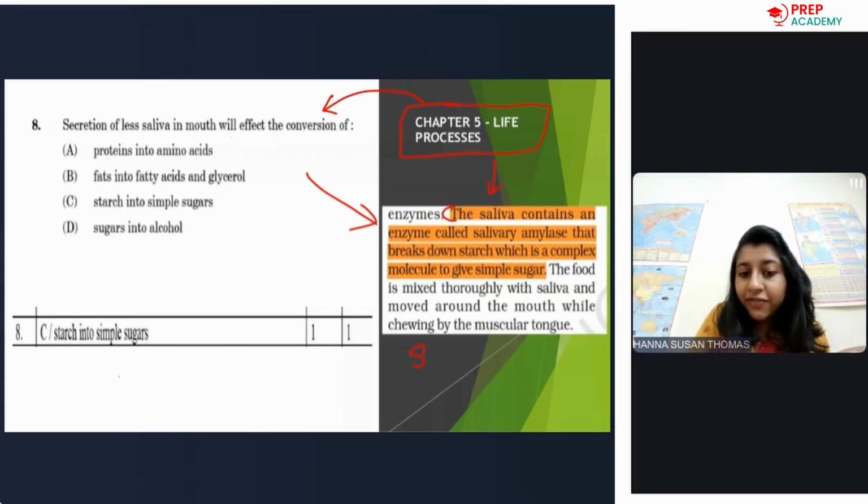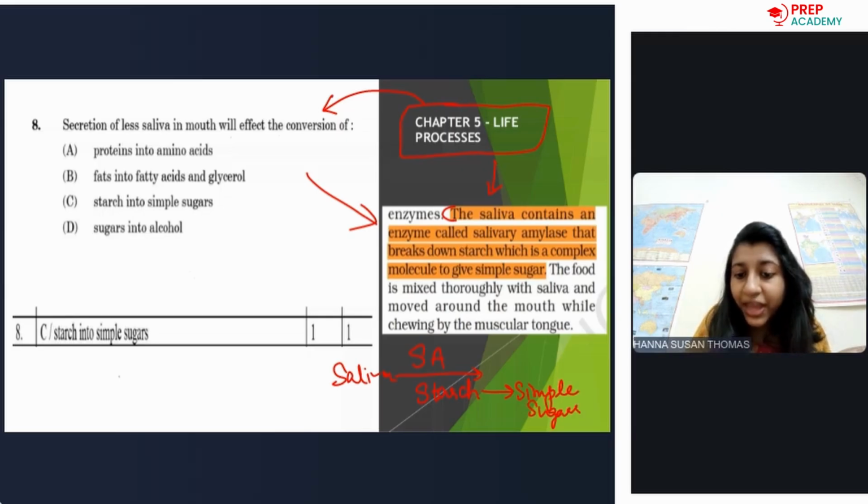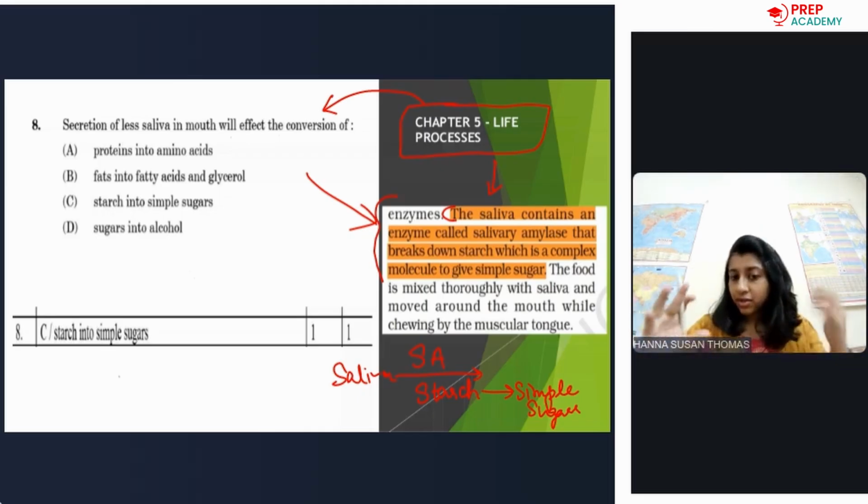With the help of salivary amylase present in saliva, starch is broken down into simple sugars. That's the whole point given here in your textbook: starch can be easily converted into simple sugars.